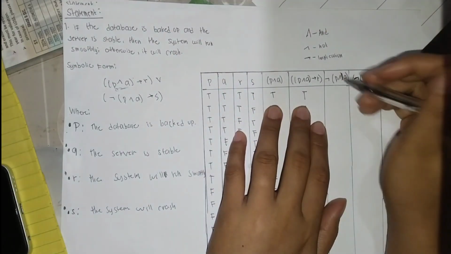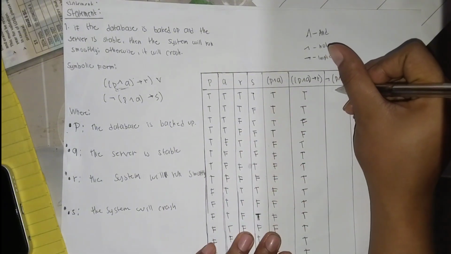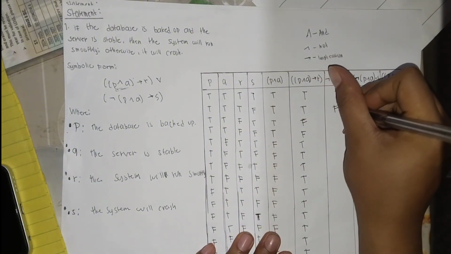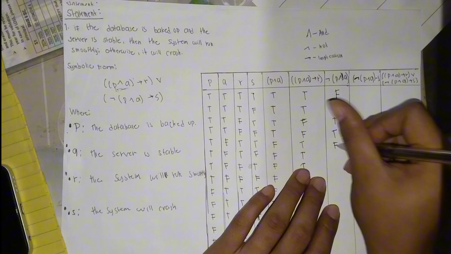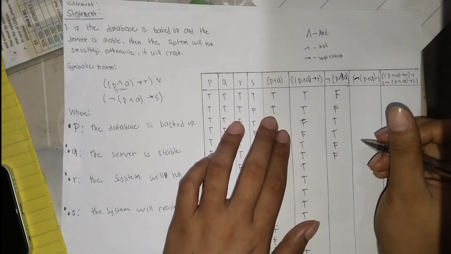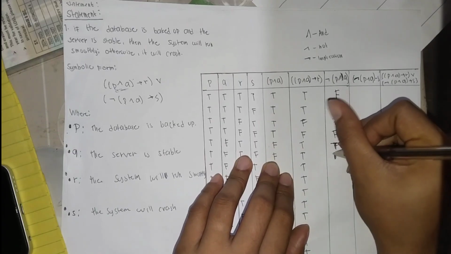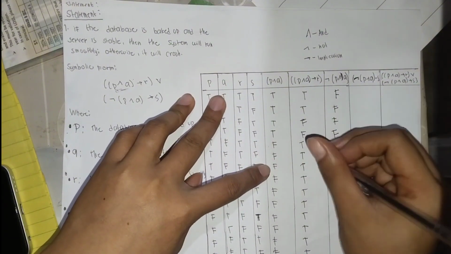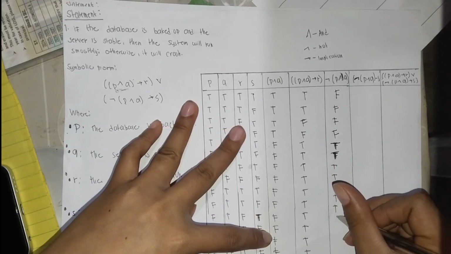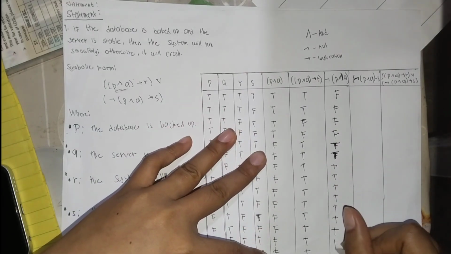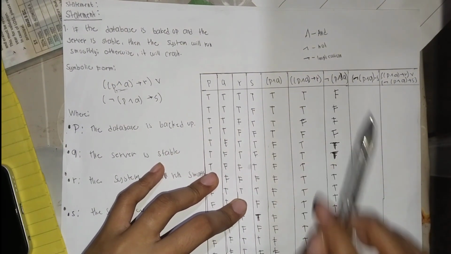So F, then F, then true, F, true, true, true, true, false is true, and false leading true. Since it is false, we go back to the value: if true, of course leading false.